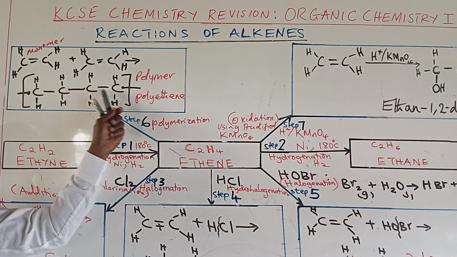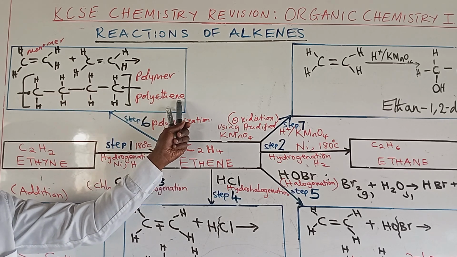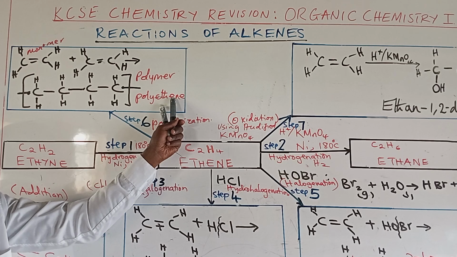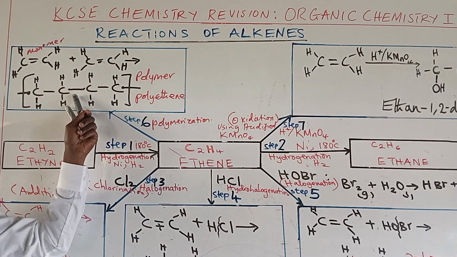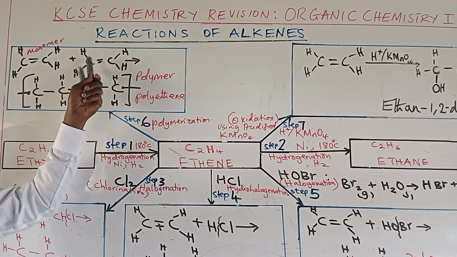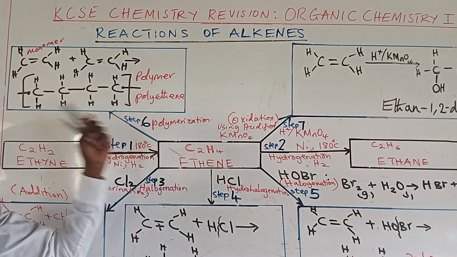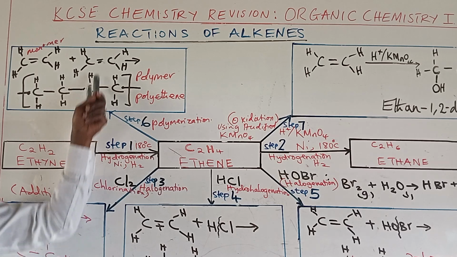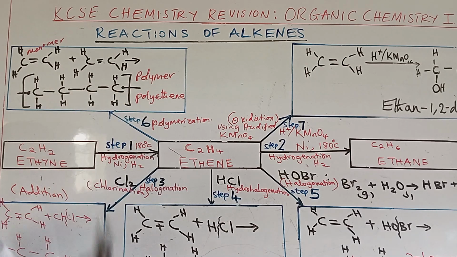Despite the fact that there are no double bonds, we still say polyethene, suggesting the source of the polymer and how we got from the monomer ethene joining up. There is another method of showing this.